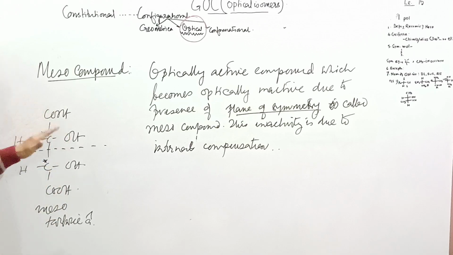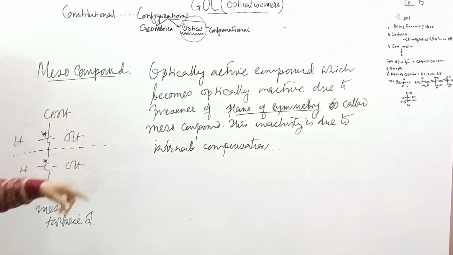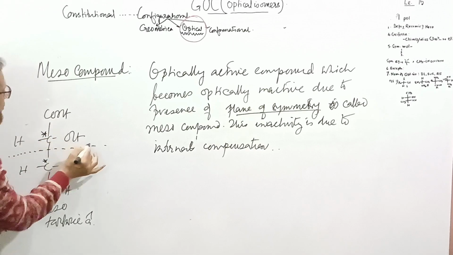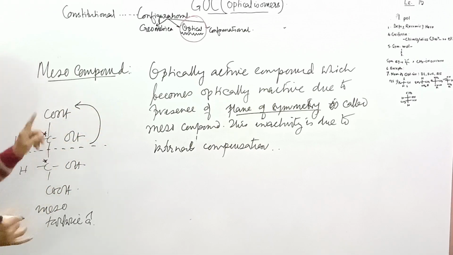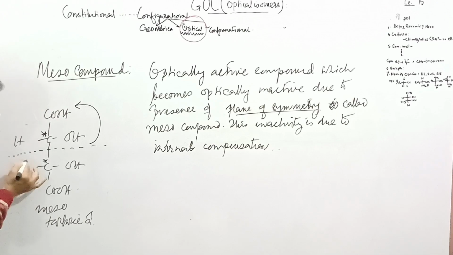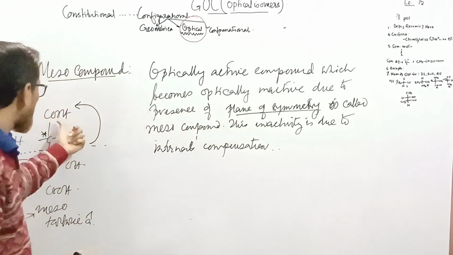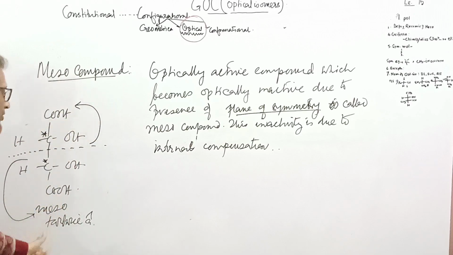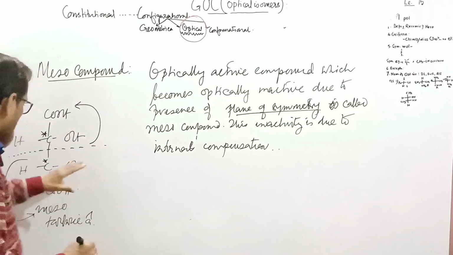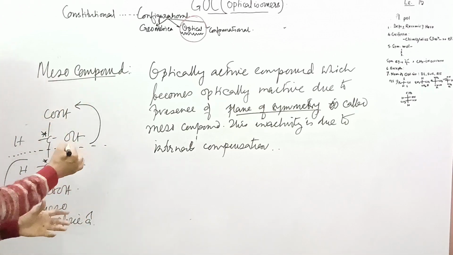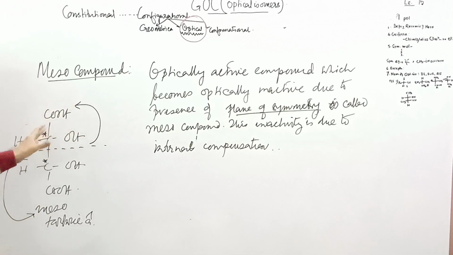It will not be optically active, it will be optically inactive, because if one part rotates light towards the left, to the same extent the other part will rotate the light towards the right. So due to this internal rotation, the action of one is compensated by the action of the other in the opposite direction, hence it is internally compensated in the same compound. That's why this compound is optically inactive.